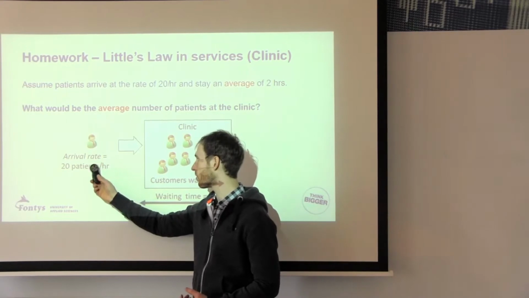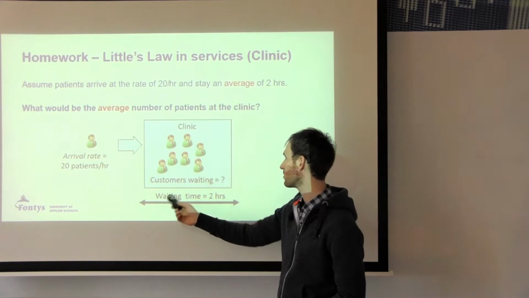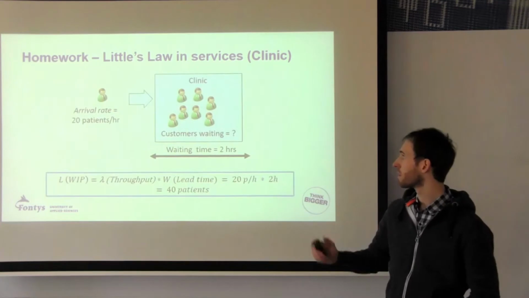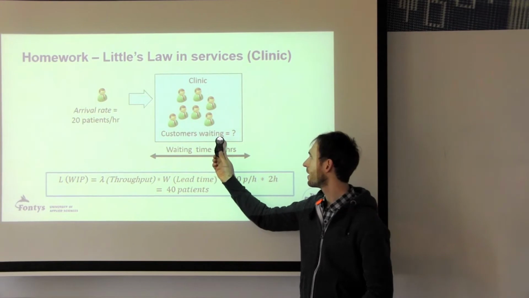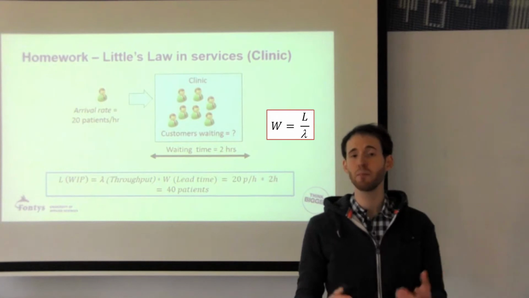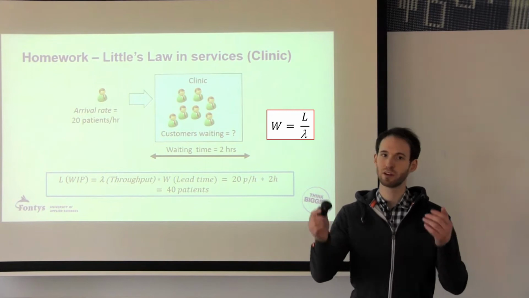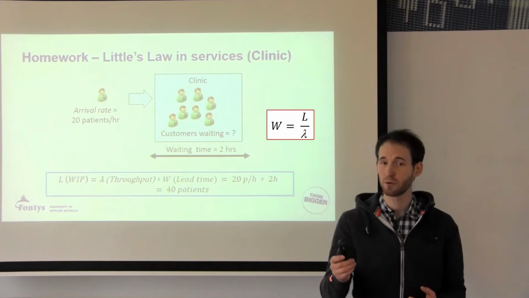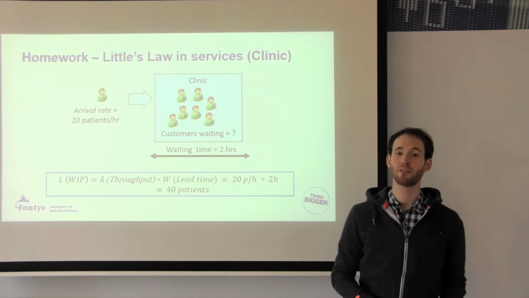So the arrival rate, or also the throughput, is 20 patients an hour. The waiting time for one client from the start to the end is 2 hours, and the customers waiting would be the work in progress. We want to know what the work in progress is. If we look at the formula again, the work in progress does not stand alone. The lead time is equal to the work in progress divided by the throughput, so we have to multiply the whole thing with the throughput to get the work in progress standing alone.